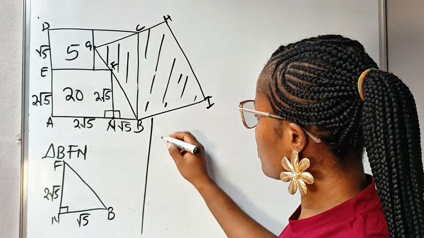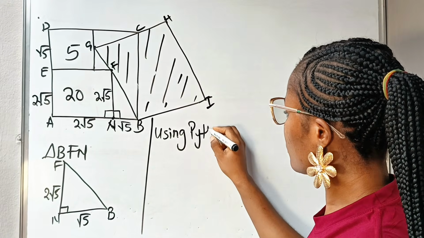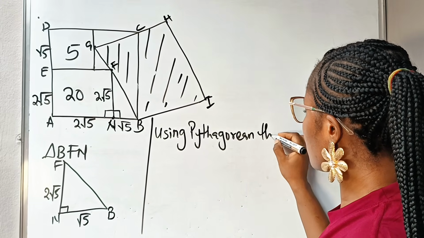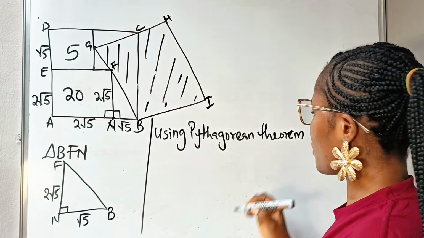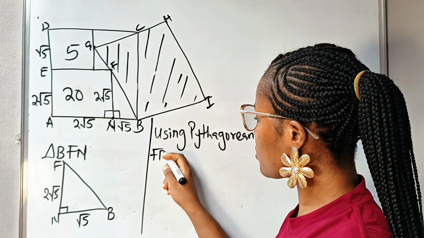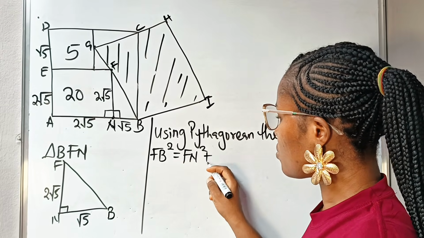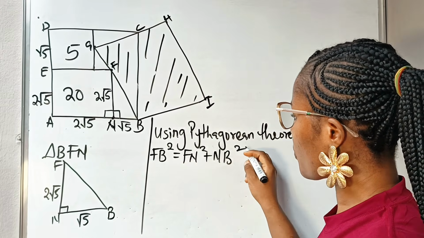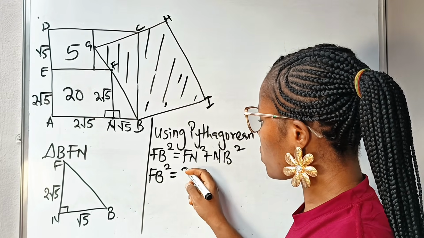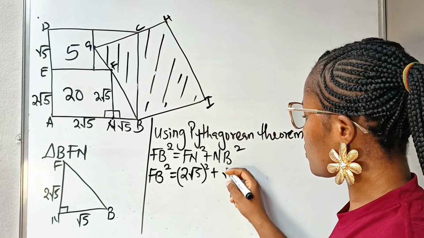Now using Pythagorean theorem, we can say that FB squared is equal to FN squared plus NB squared. So FB squared is equal to 2 root 5 squared plus root 5 squared.